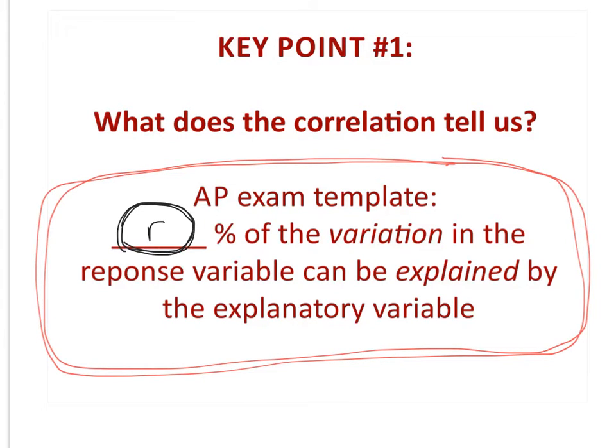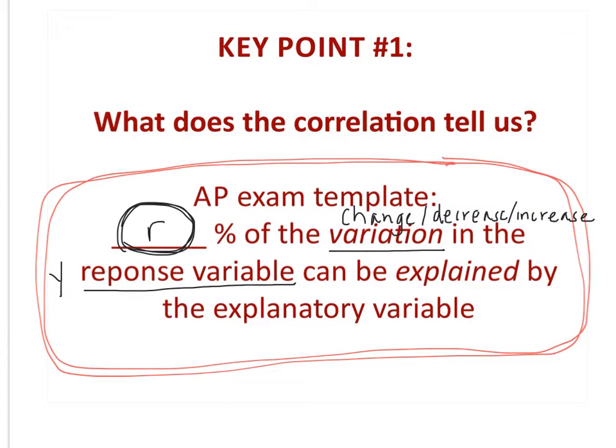That percent of the variation or the change, or we could say decrease or increase, so what percent of the increase or decrease in the response variable, or what percent or increase in y, the y-axis, can be explained by the x-axis, or by the change in the x-axis.